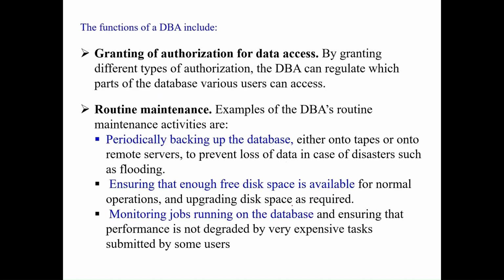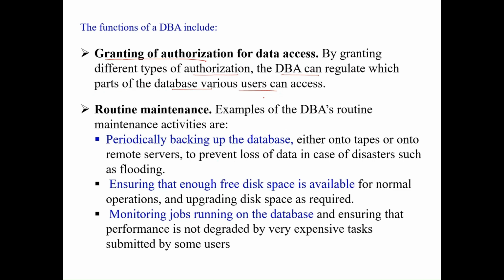Then the next function of DBA is granting of authorization. Who is going to access which data, what different kinds of roles have to be created, who is the admin, and how the data will be stored by the admin, will be decided by the DBA. By granting different types of authorizations, the DBA can regulate which part of the database various users can access, because the database is very huge.